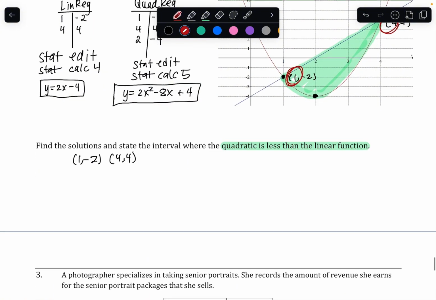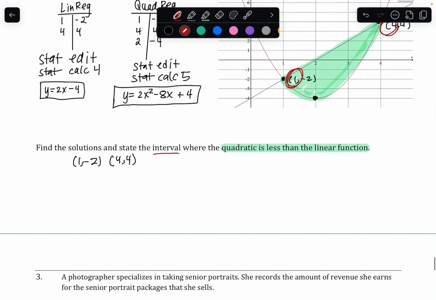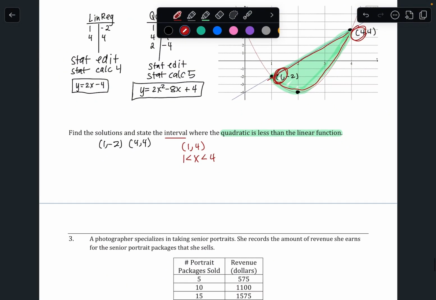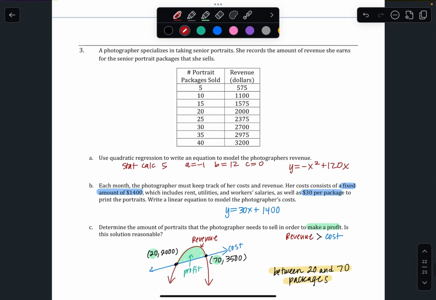My interval is 1 to 4. That's interval notation. In inequality notation, we would say x from 1 to 4. That is where my quadratic is below the line. And you'll see why we care about that in this next application problem.